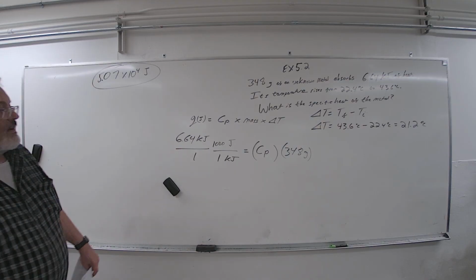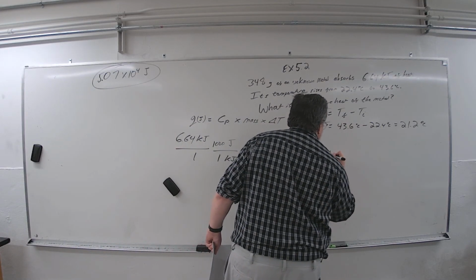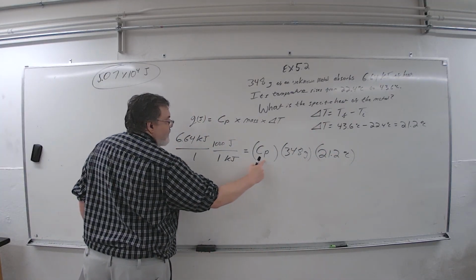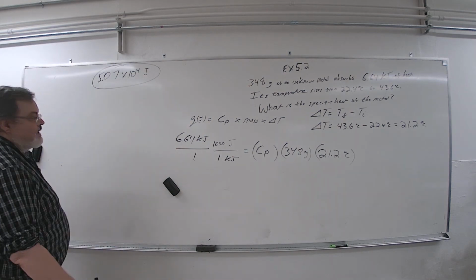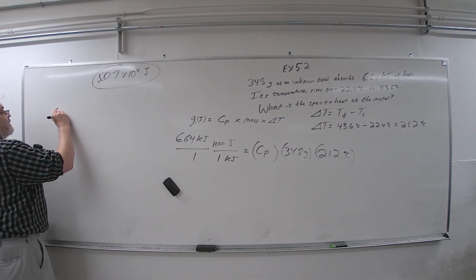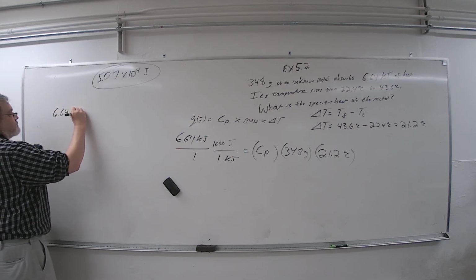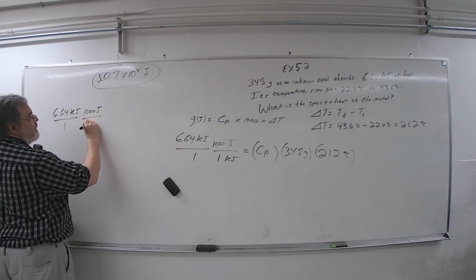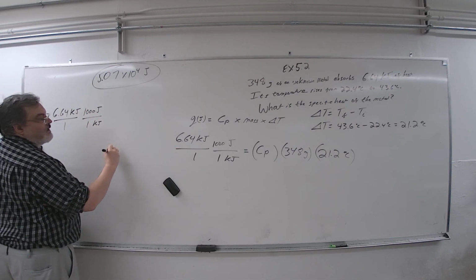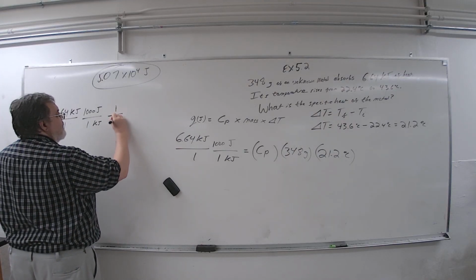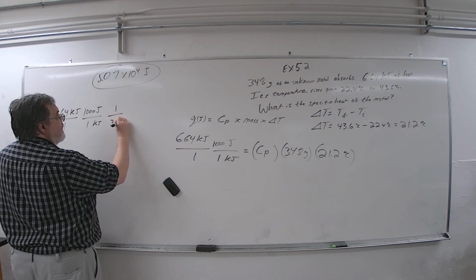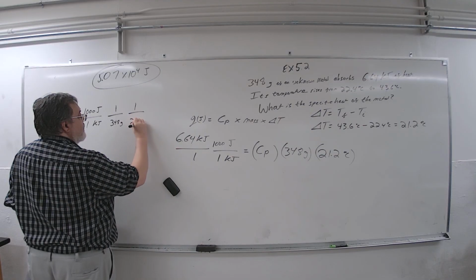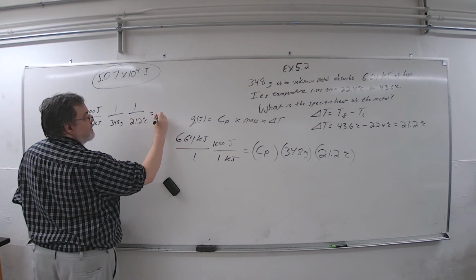So all right. So if it is 21.2, and you're solving for this, I guess if I rearrange that, I would go 6.64 kilojoule, and then 1 over 348 grams, 1 over 21.2 degrees C equals Cp.